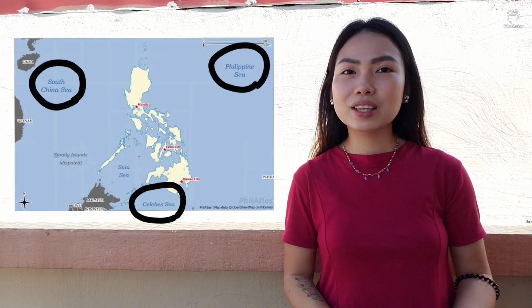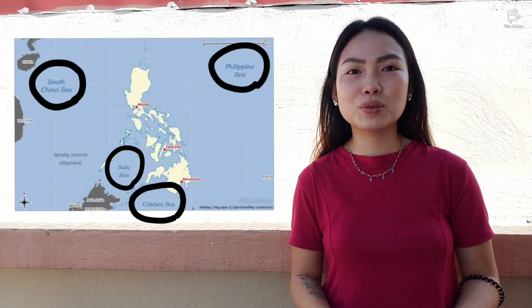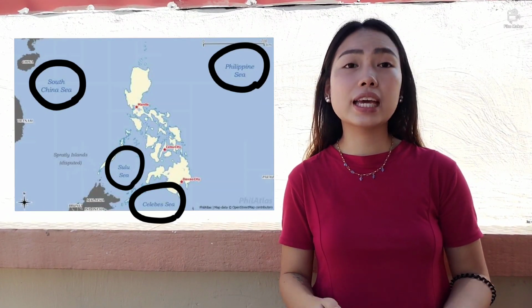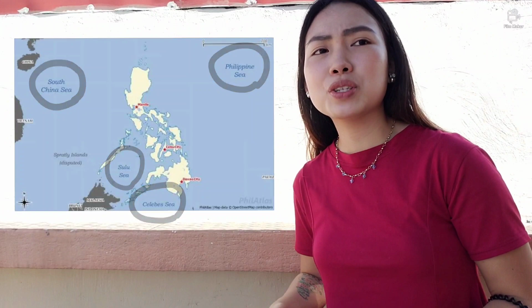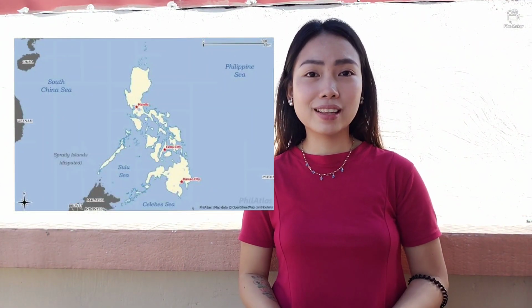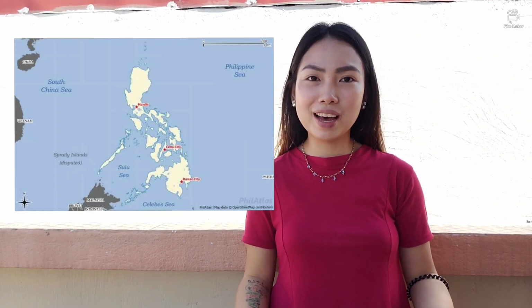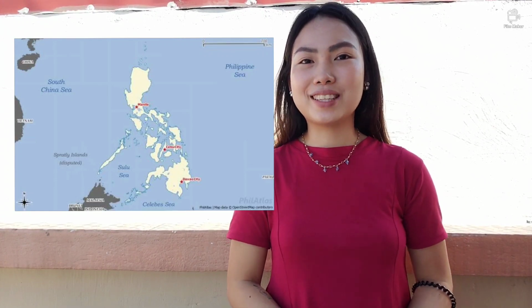At itong mga dagat na to can control the heat that the Philippines would receive. Kaya hindi rin ganun kainit in the Philippines compared to other countries na nasa tropical climate zone, because we are lucky that we are surrounded by many oceans.